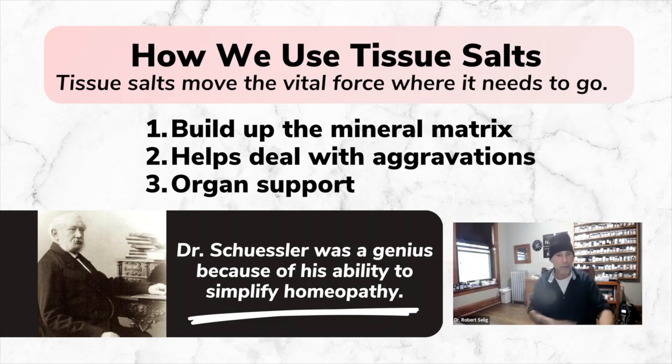If we wanted to do bone support, we'd focus on the calcium families. So we can use these tissue salts in multiple diverse ways to help move the vital force to where it needs to go, to help with the mineral balancing, to help with the detoxification, to help with all the things that crop up on a mineral balancing detoxification program.